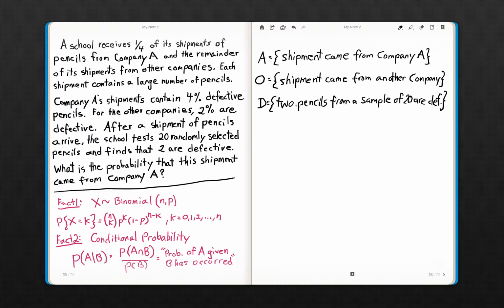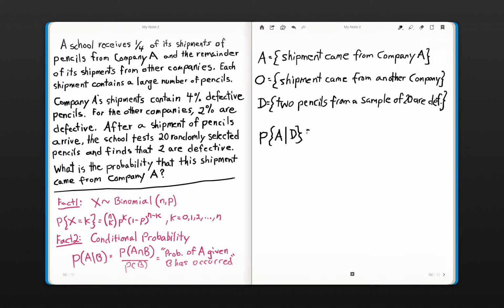So what we're looking for overall, we can write down in math terms: we're looking for the probability of A given D. What's the probability the shipment came from A given that 2 pencils from a sample of 20 are defective? We'd like to know if it actually came from A.